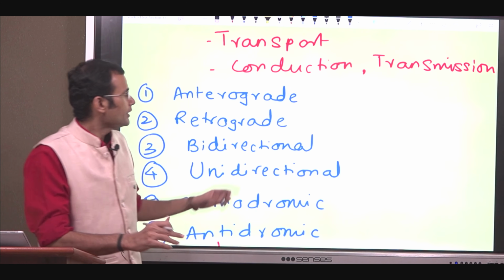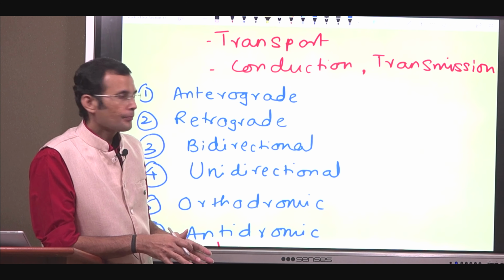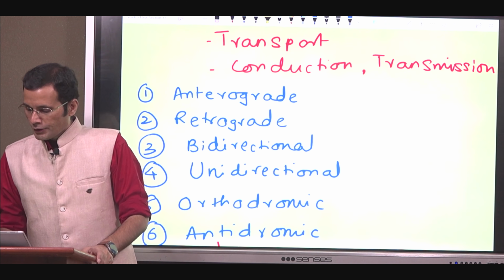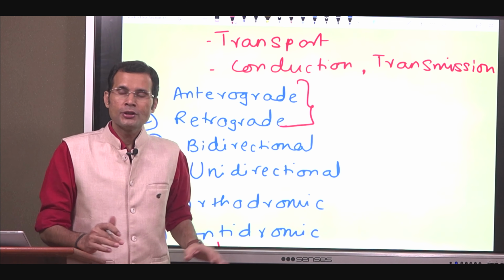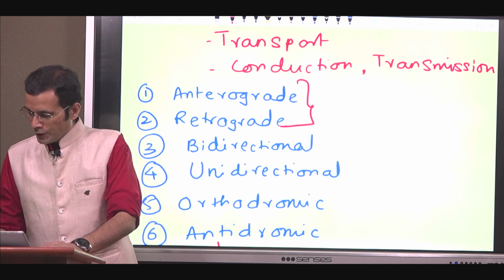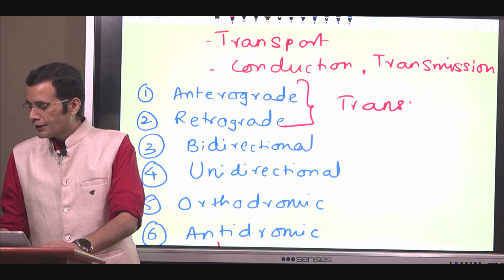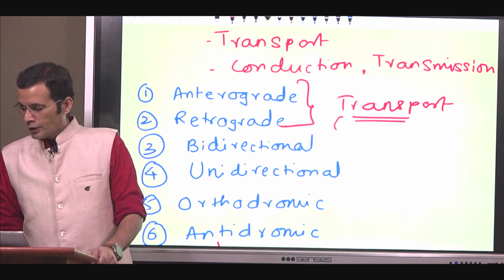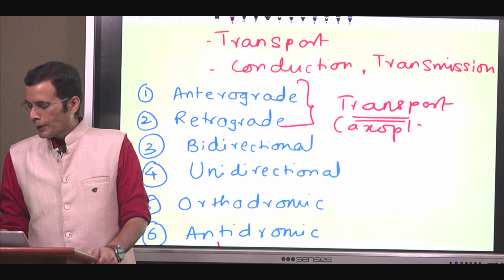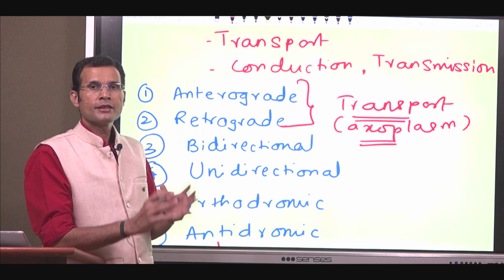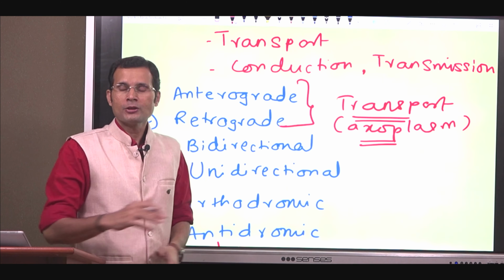And the first two terms, anterograde versus retrograde, these two terms are used for this kind of axonal transport. Transport of materials, transport of substances within the axoplasm. So the first two terms are reserved for that axoplasmic transport.